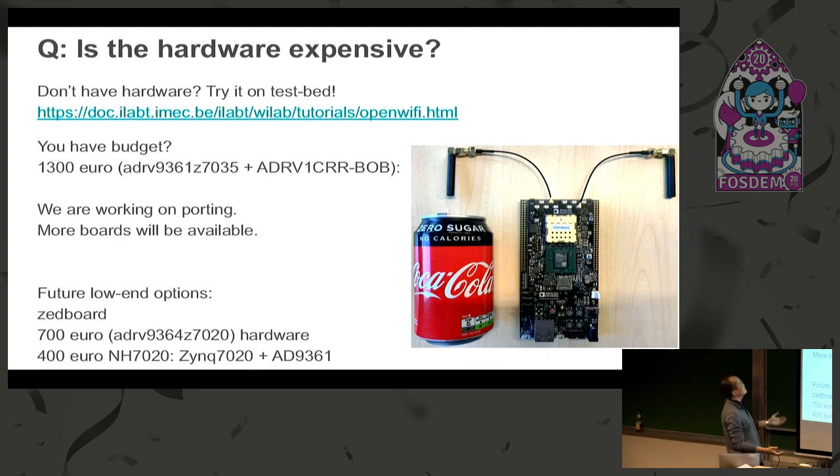If you have budget, right, you can use this quite small software-defined radio board, a system on module. I think it is built by Analog Devices, with a Zynq FPGA and Analog Devices front-end on the same module. We have ported the design to it. We will port the design to more and more boards, and recently there is a quite cheap board, I would say, built by a Chinese company.